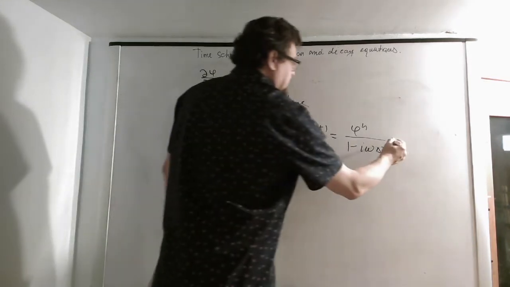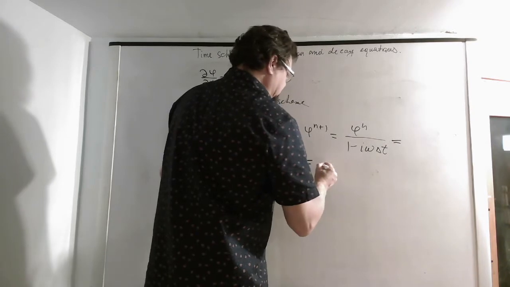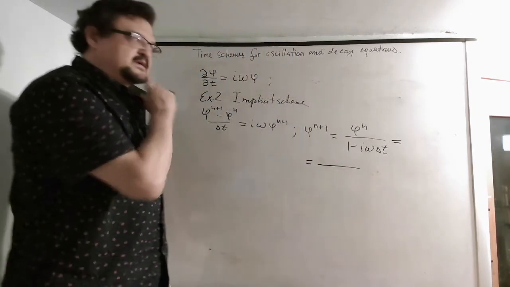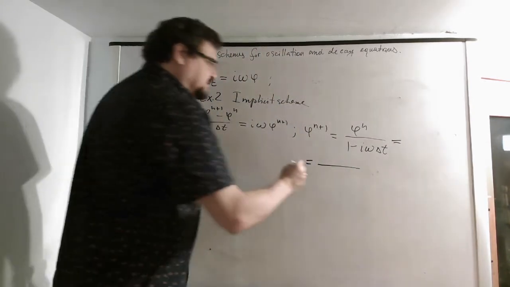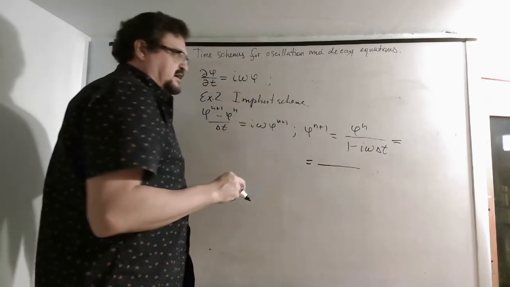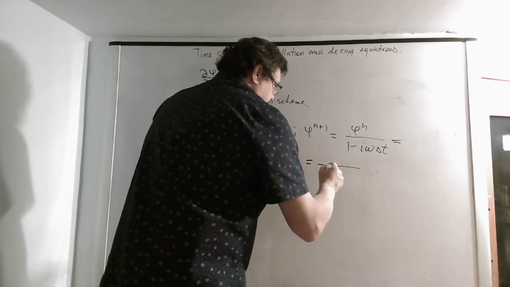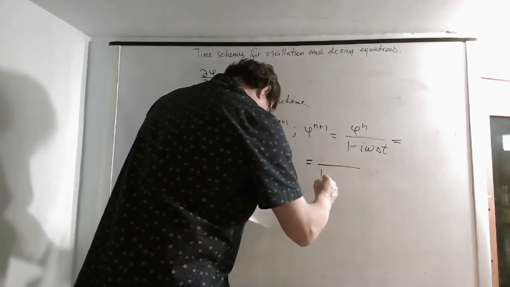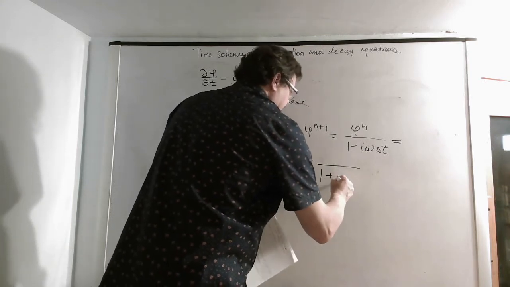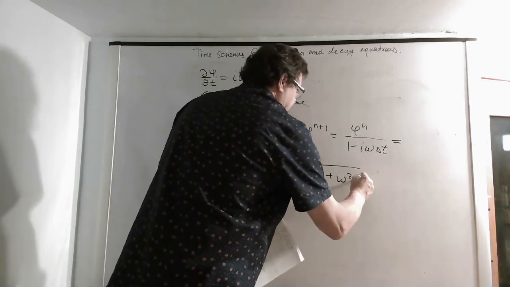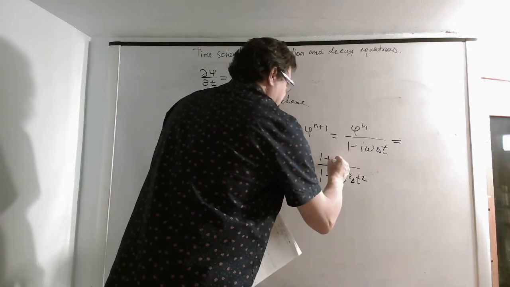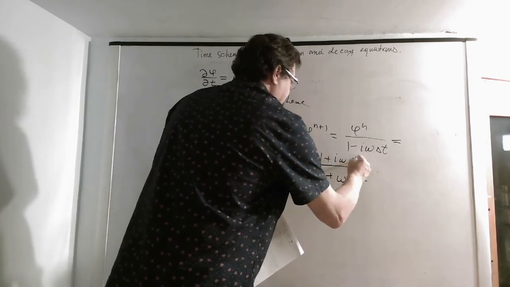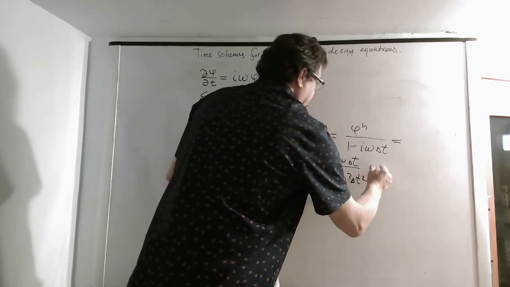So let's get rid of the complex number from the denominator. So we multiply by the conjugate. In that case it's 1 plus omega square delta t square in the denominator. Here we have 1 plus I omega delta t times phi n.